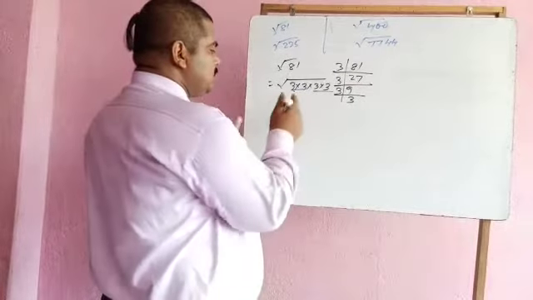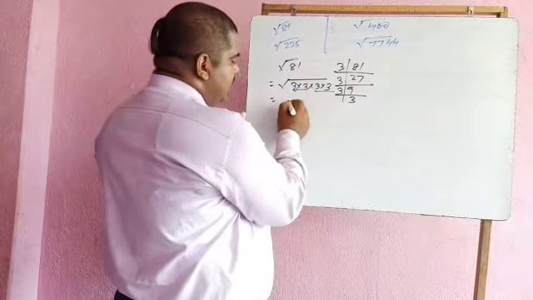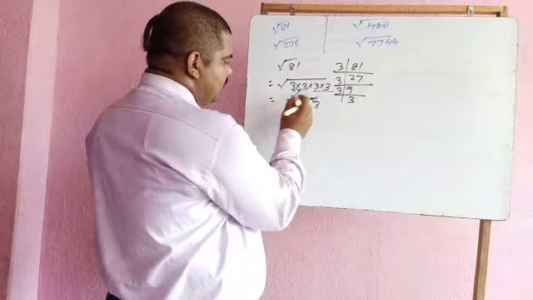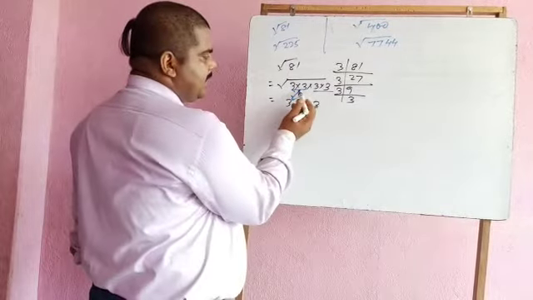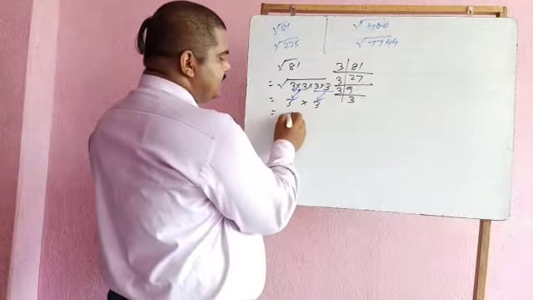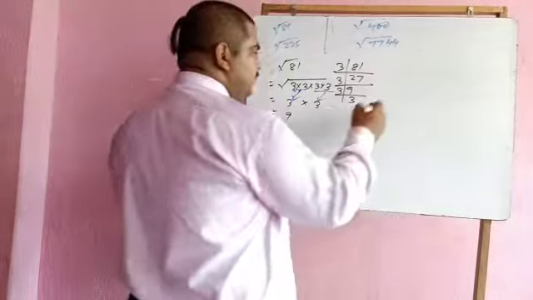For the square root, you take one from each pair. 3 into 3: I have taken one 3 from this pair and one 3 from this pair, and the final result is actually 9.